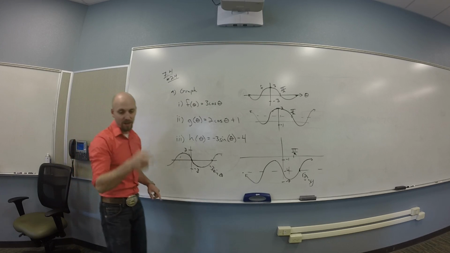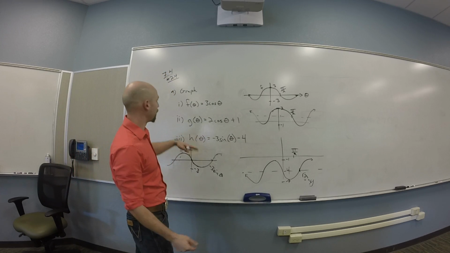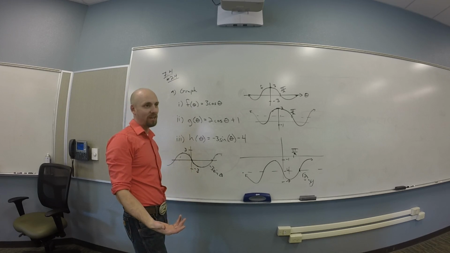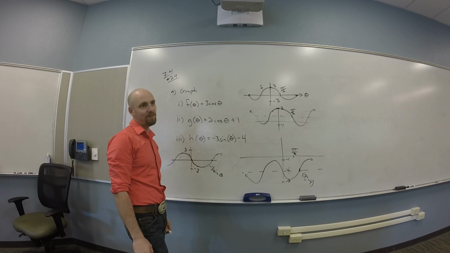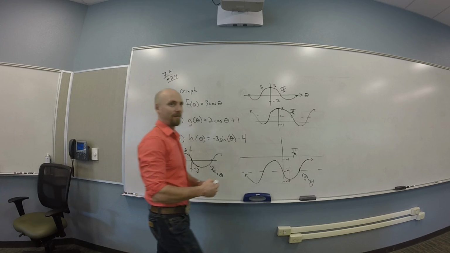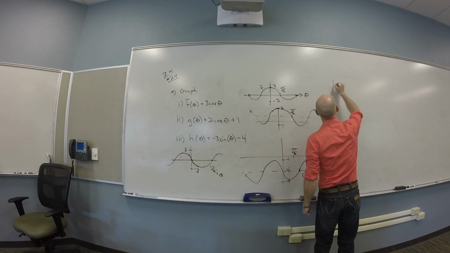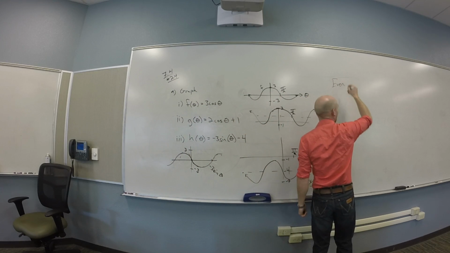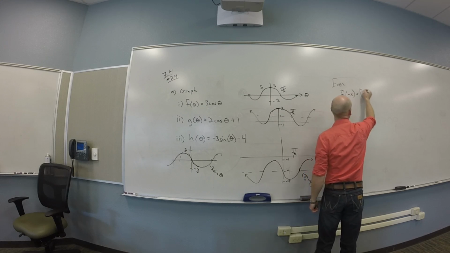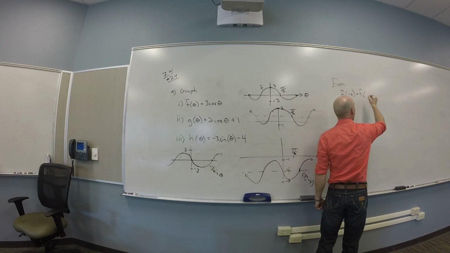So the next question, right? I did half of part A. Part B is, are they even or not? So what does even mean? You guys remember this? No, I don't know this. Okay, so a function's even if f of minus x is f of x.